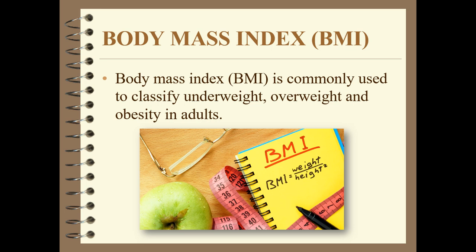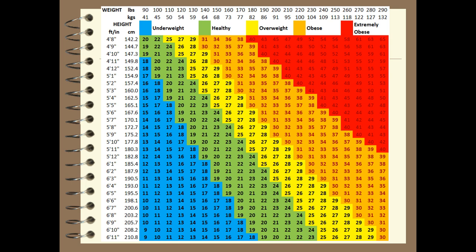Here is one of the ways in which height and weight can be used, especially in adults. We can plot it on a BMI chart. Now, BMI means body mass index, and it's commonly used to classify underweight, overweight, and obesity in adults.